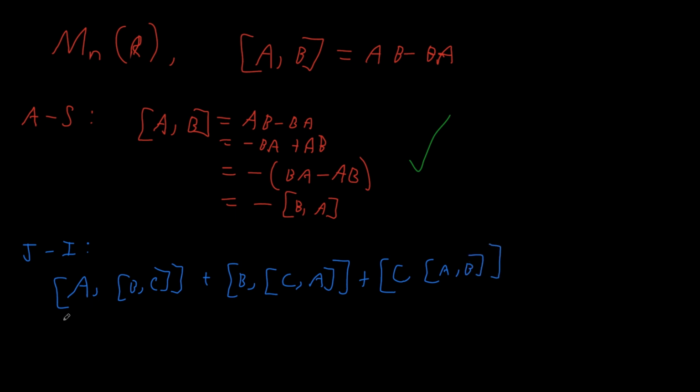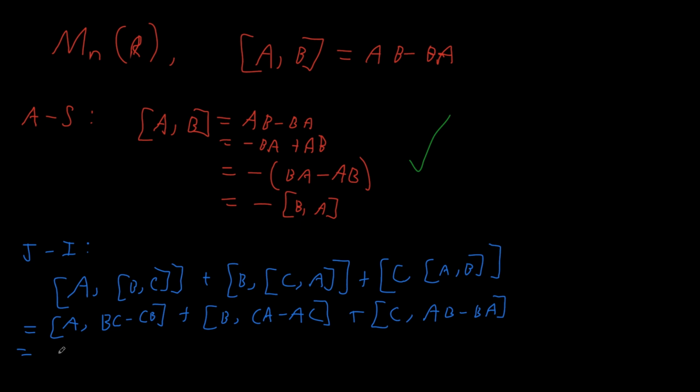So now we have to go through the process of breaking this apart. So of course this is going to be A bracketed with BC minus CB, plus B bracketed with CA minus AC, plus C bracketed with AB minus BA.